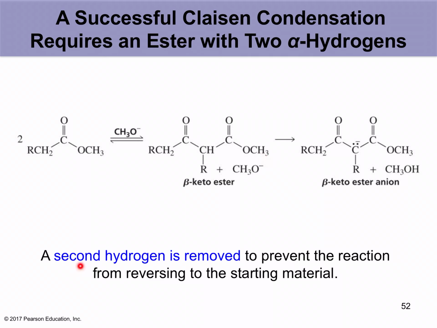Okay, a second hydrogen is removed to prevent the reaction from reversing to the starting material. Okay, so once a second hydrogen is lost like this, it would not go back to the starting material, because the resulting carbanion is resonance stabilized with the two carbonyl groups.